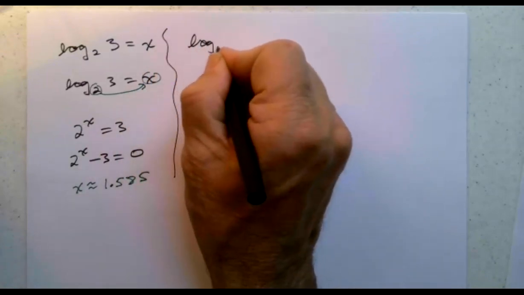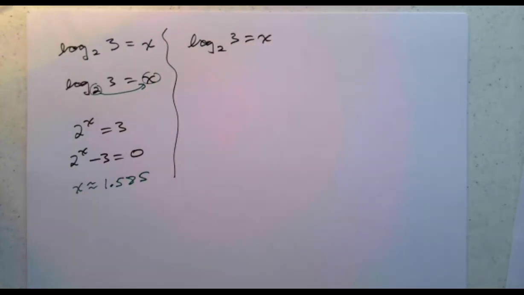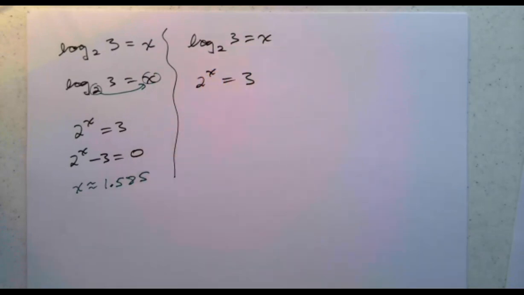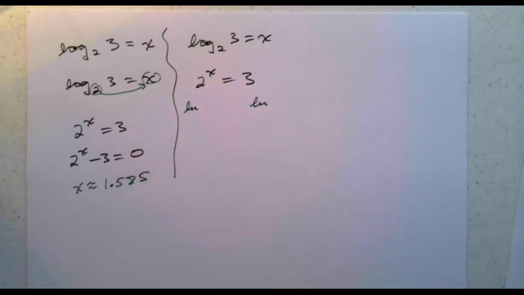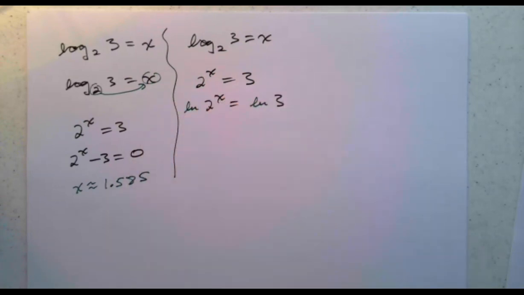Again, log base 2 of 3 equals x. The base is 2, the exponent is x. 2 to the x equals 3. I could solve this using algebraic techniques. Let's take the natural log of both sides, right? Natural log of the left, natural log of the right. So natural log of 2 to the x equals the natural log of 3.